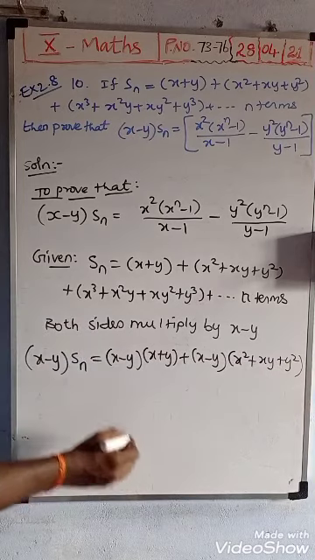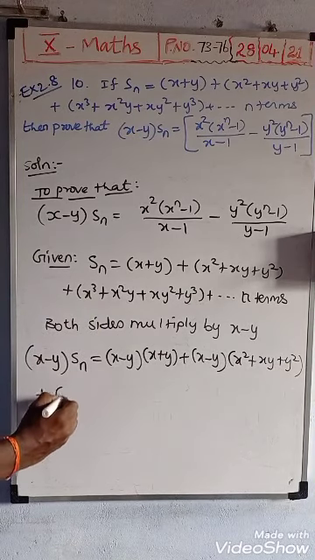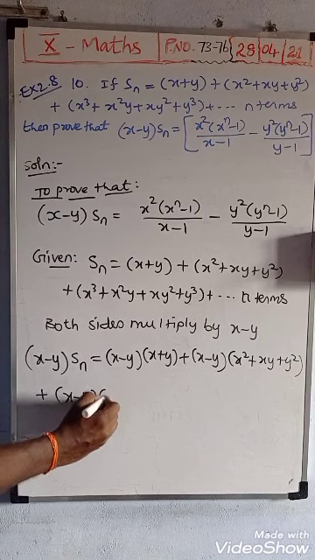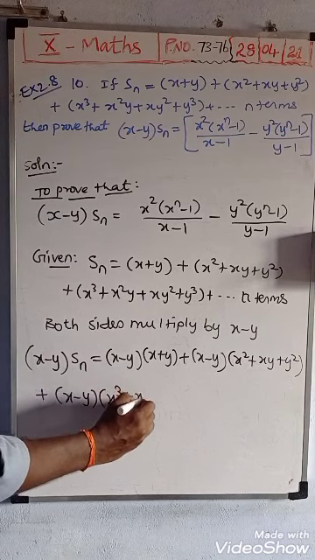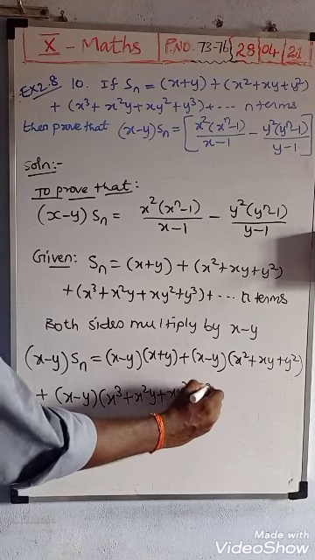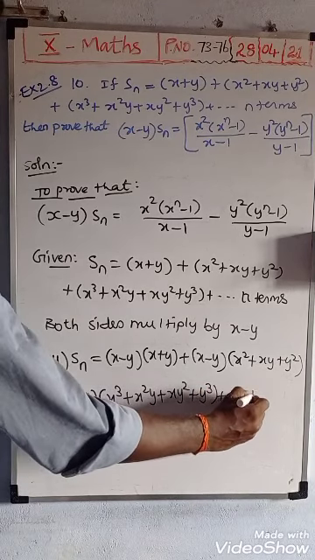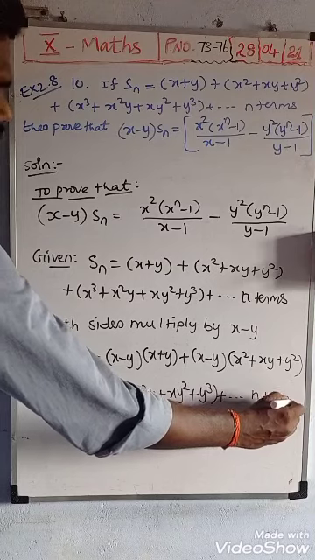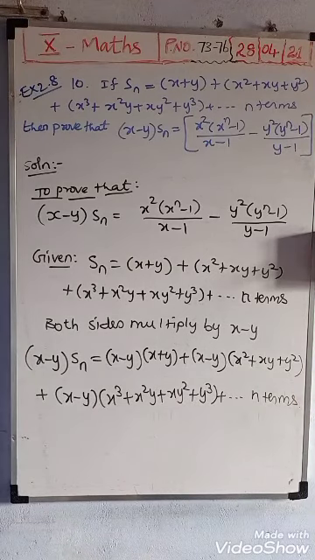So each term is multiplied with x minus y. Then the third term, x minus y of x cube plus x squared y plus xy squared plus y cube. Okay, plus up to n terms you should multiply. So each term I should multiply with x minus y.